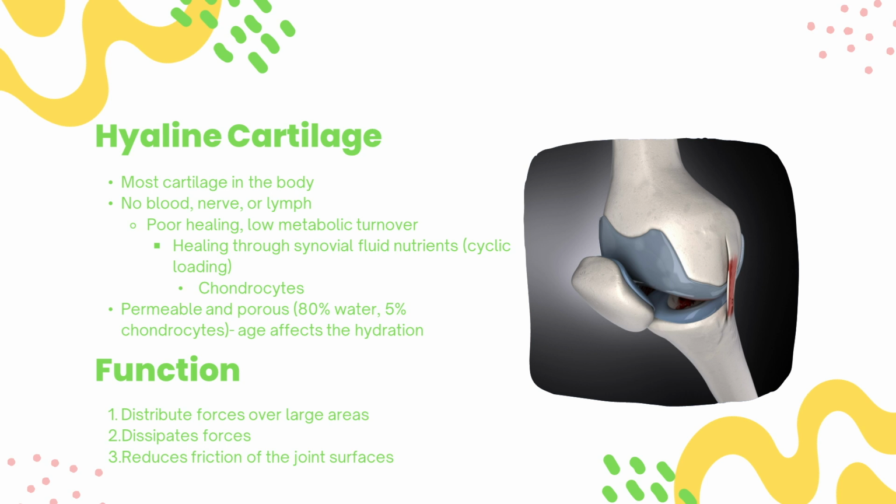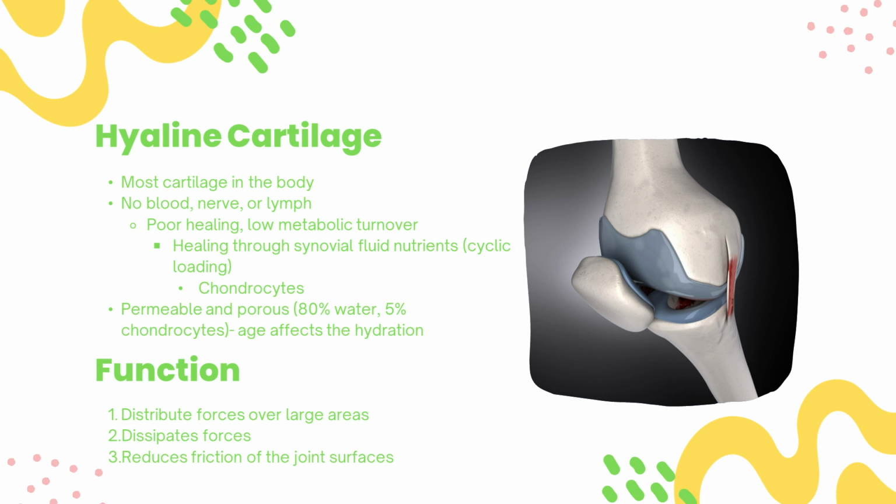So as we age, the bone becomes more exposed to those pressures from the weight bearing and from the loads that we put on it, and this can lead to more cytokine activities, which is why as we age we get more of those osteoarthritic changes and that continued inflammation in our body because the water content within the matrix of the hyaline cartilage is not as strong as it was when we were a little younger.